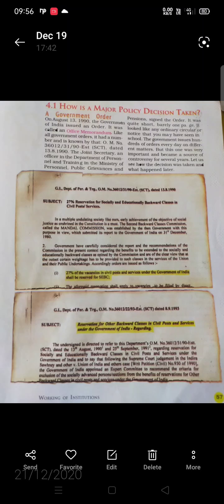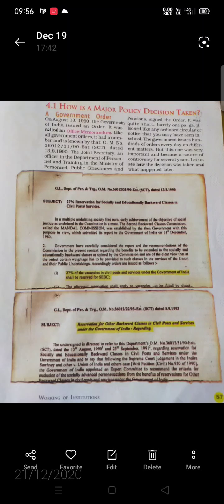The commission gave its report in 1980 and made many recommendations. One of these was that 27% of government jobs be reserved for the socially and educationally backward classes. The benefit of job reservation extended from SC and ST to a third category called SEBC.